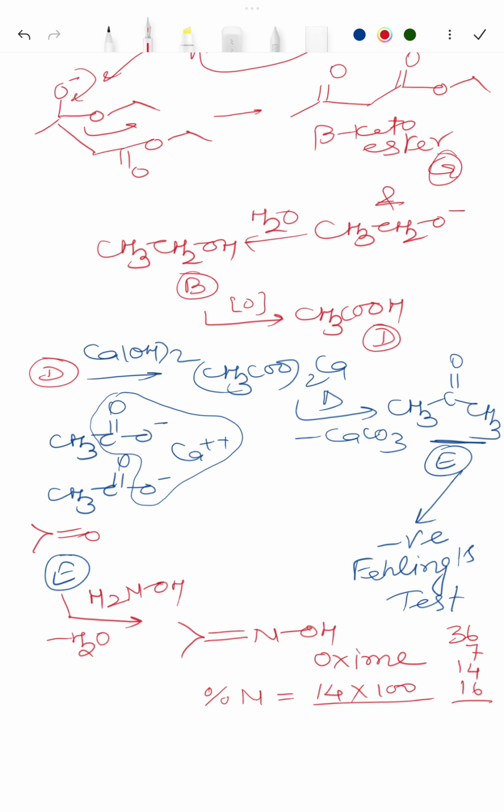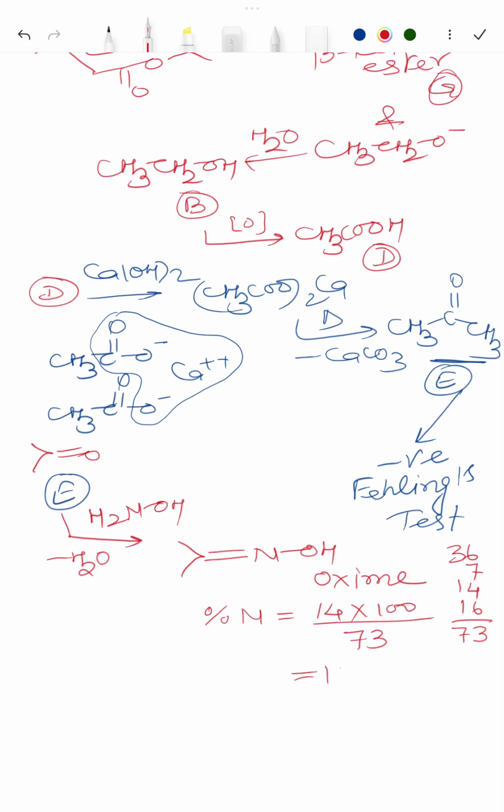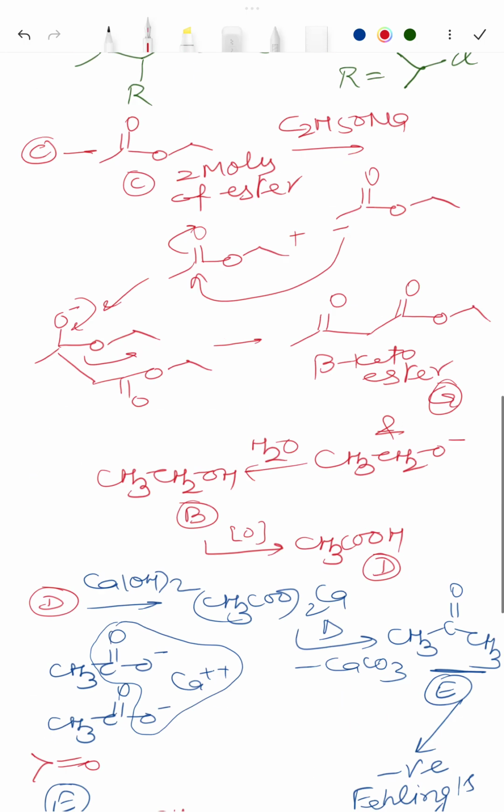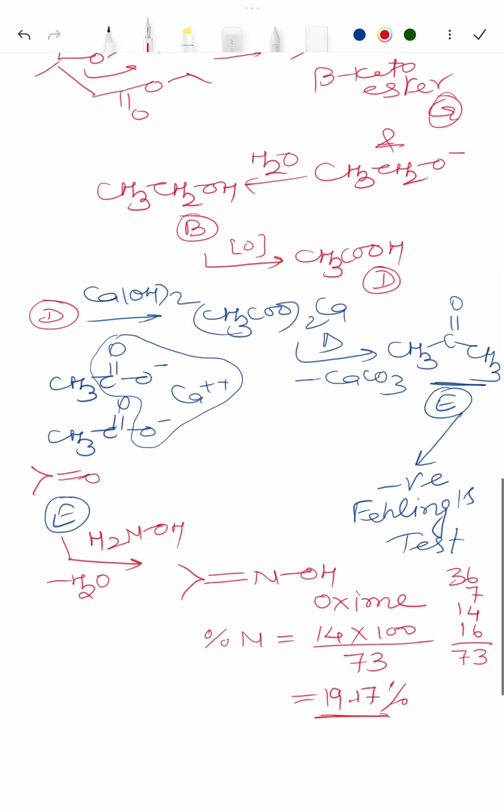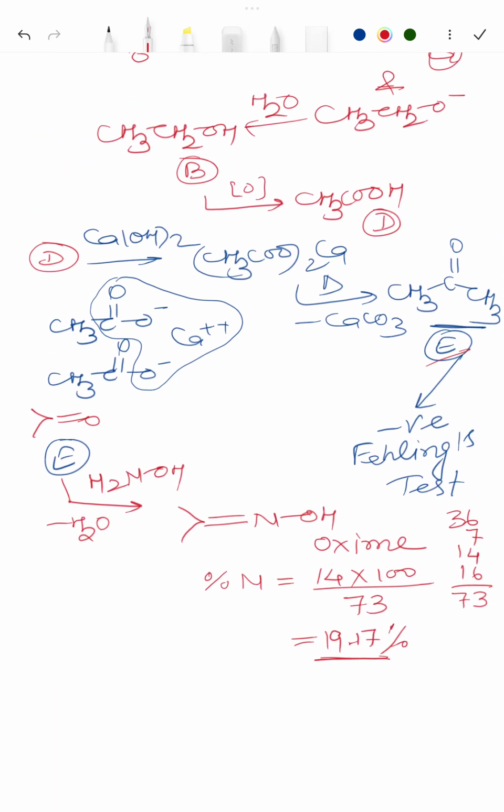So 36 plus 7 plus 14 plus 16 gives 73. We divide by this 73 and get 19.17% nitrogen. So this test also follows the same thing. Now E is clear, what E actually is.